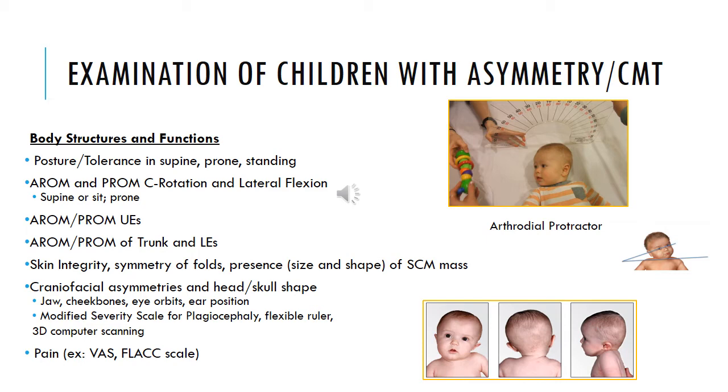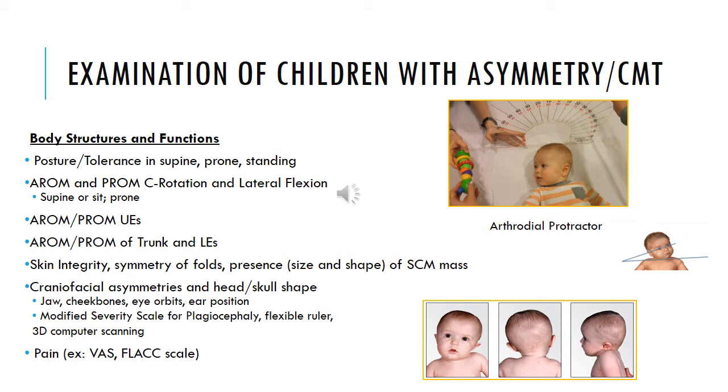You can take a look at lateral flexion by holding the infant vertically and tipping them from side to side, very much as you would when checking for equilibrium or righting reactions. So taking a look at determining how much lateral flexion they have when tilted side to side.